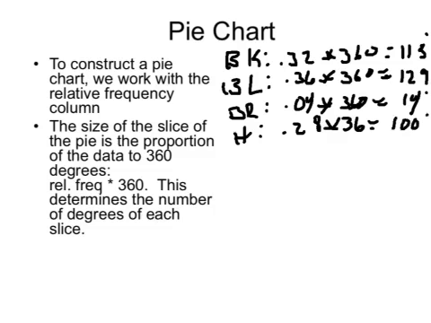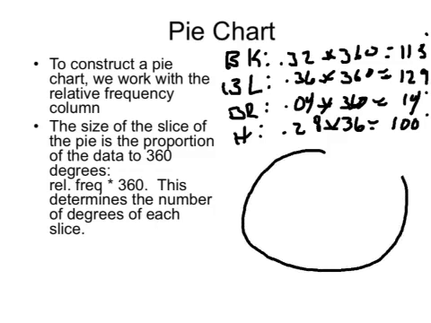So now all we have to do is draw a circle. And again, since we're doing this by hand, all we'll do is approximate these. So for the black, we'll allocate about 115 degrees. So that'll be about right here. Go ahead and label this one black.